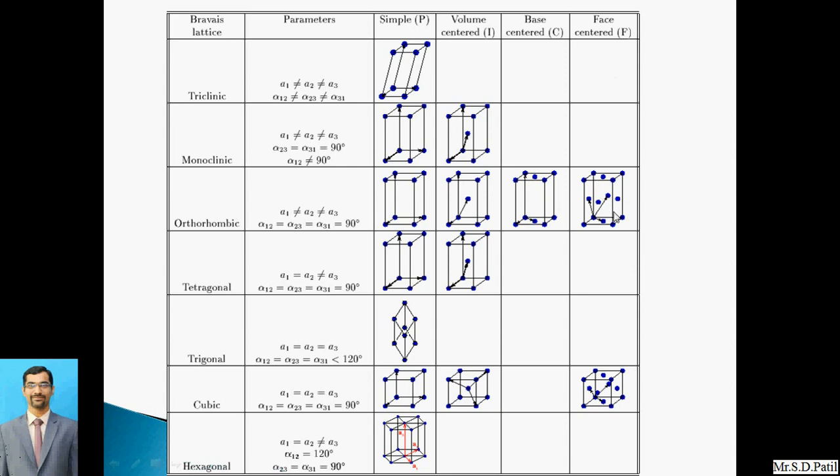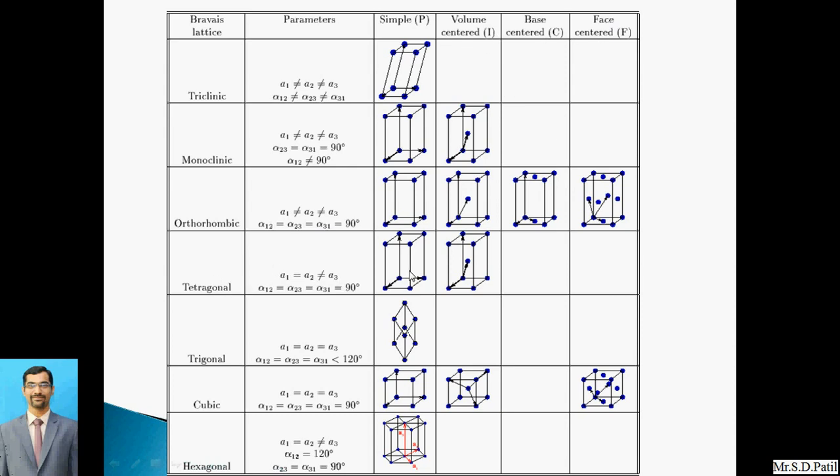And face centered: on every face, 4 plus 2 faces means 6 faces are there, so 1, 2, 3, 4, 5 and 6 points, apart from the corner points. So this is the face centered. Might be it has been cleared. So in the orthorhombic structure, all 4 structures are there: simple, volume centered, base centered and face centered.